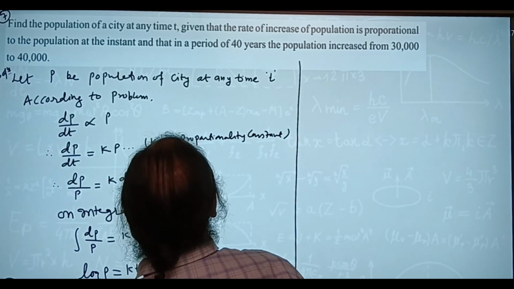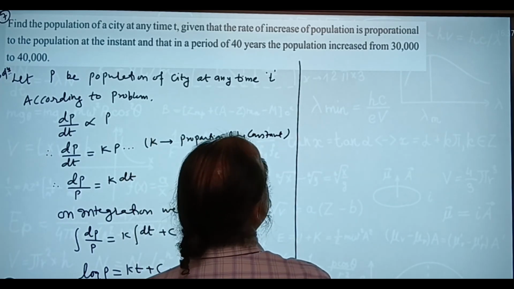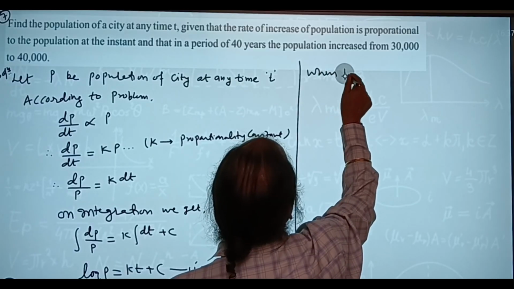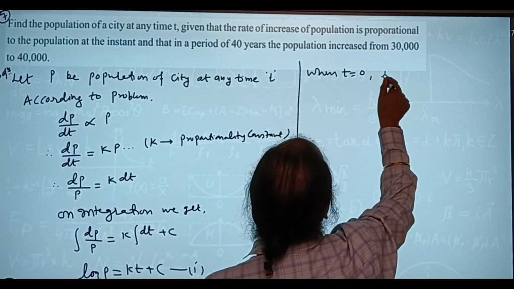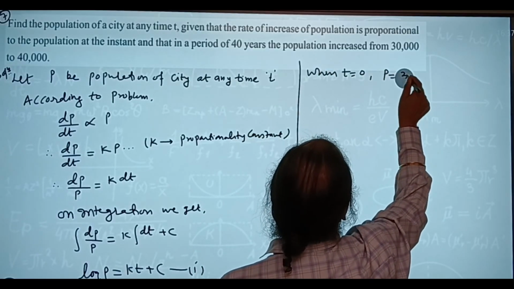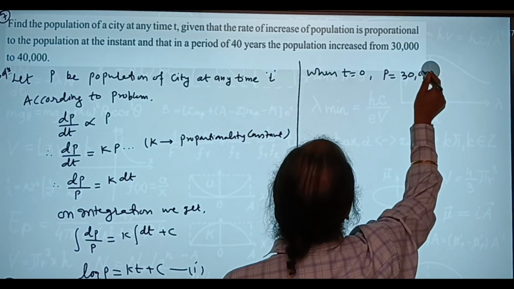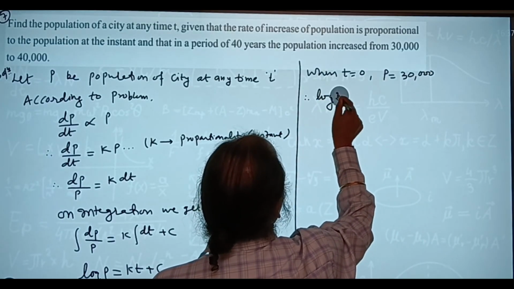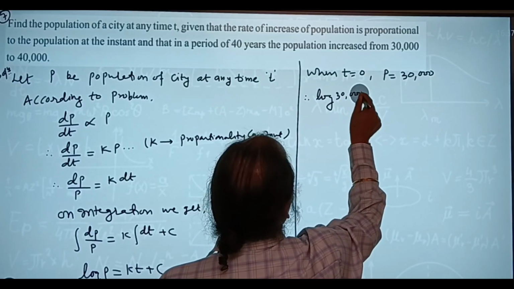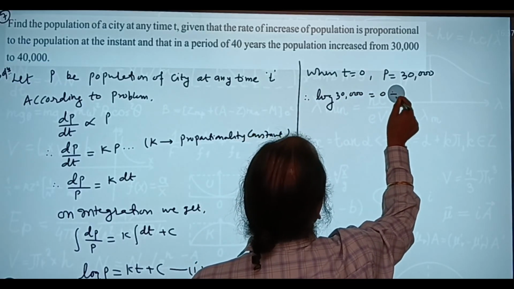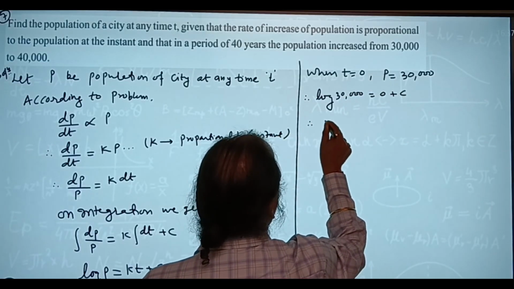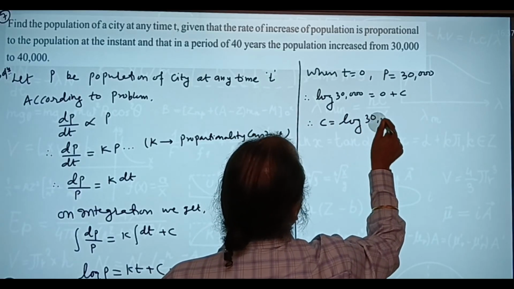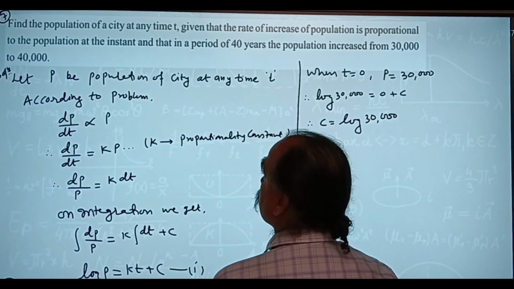Population in a period of 40 years grows from 30,000 to 40,000. When time is 0, population is 30,000. Therefore, log 30,000 is 0 plus c. C is log 30,000.